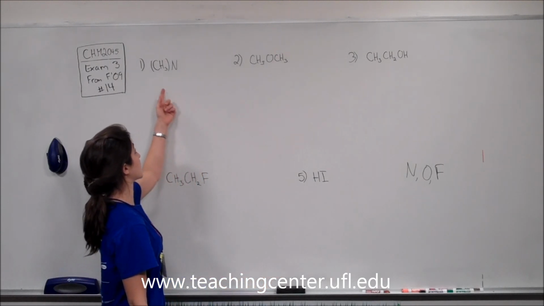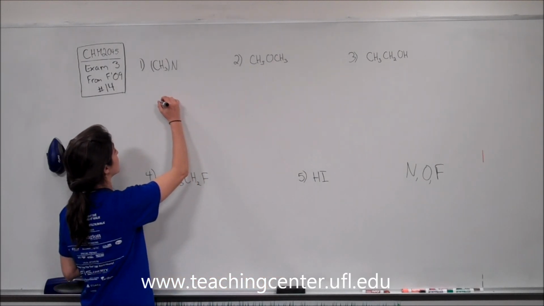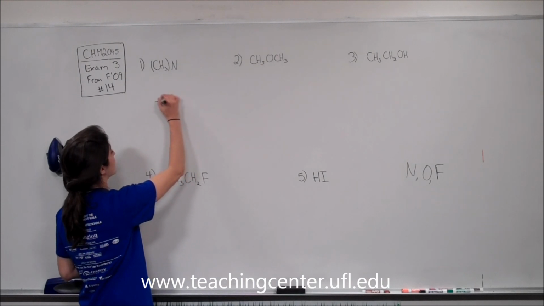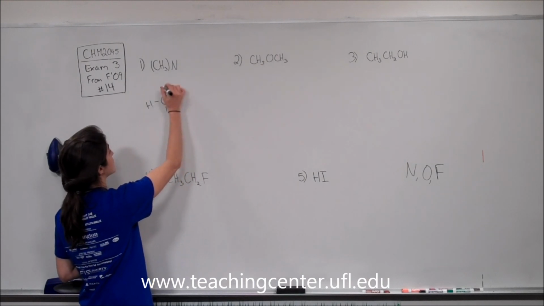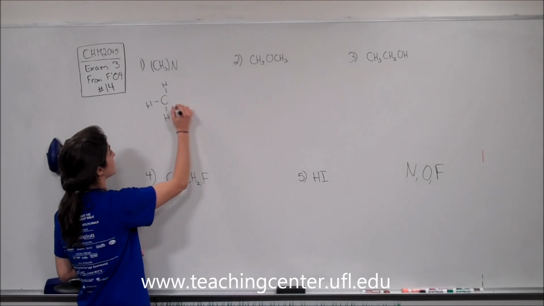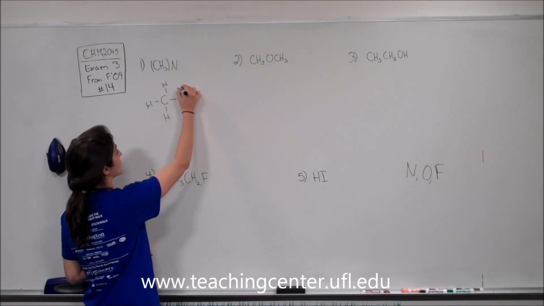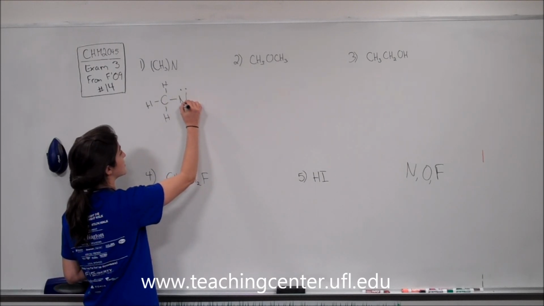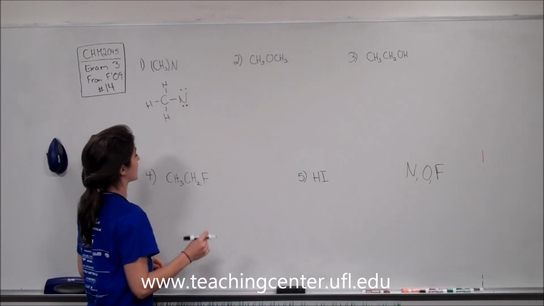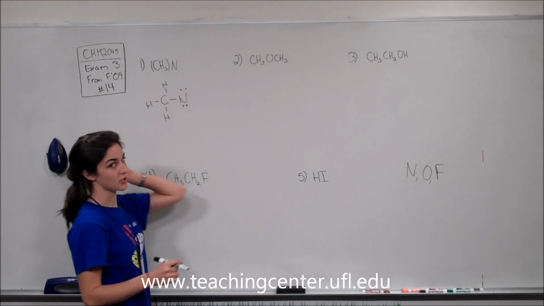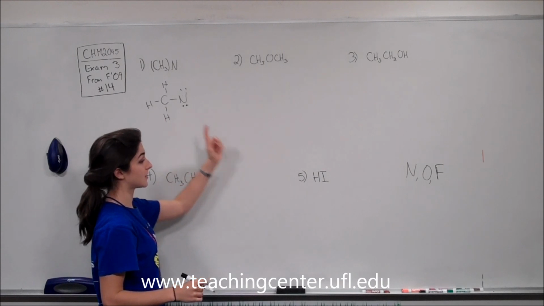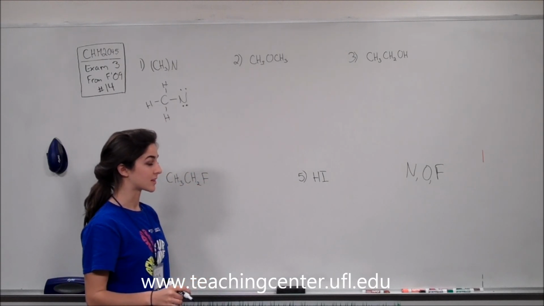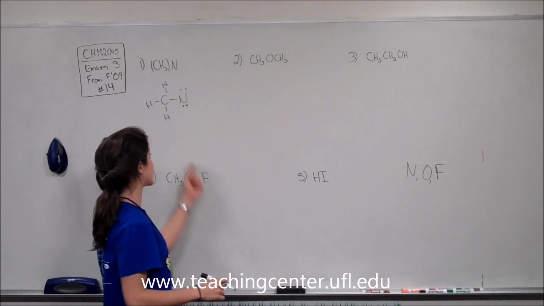So if we look at our first one here, we have carbon in the middle, bonded to 3 hydrogens, and then a nitrogen, which has 2 pairs of unpaired electrons. So we have N here, nitrogen, on our molecule, but it needs to be directly bonded to hydrogen.